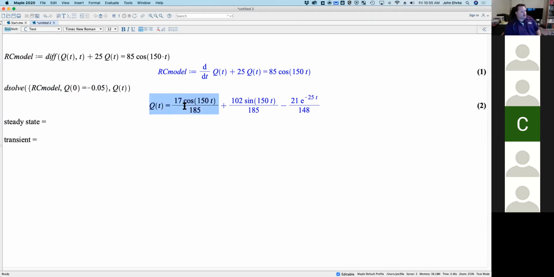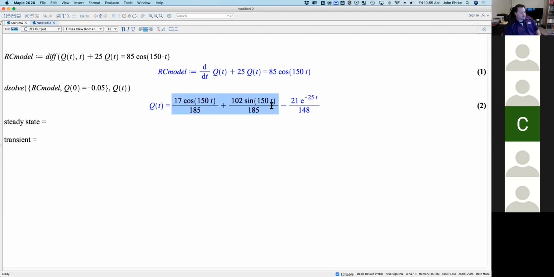If you look at the solution for charge here, can anyone tell me what part is the steady state part? Steady states we typically associate with oscillations. Where's the steady state part? The first two terms.